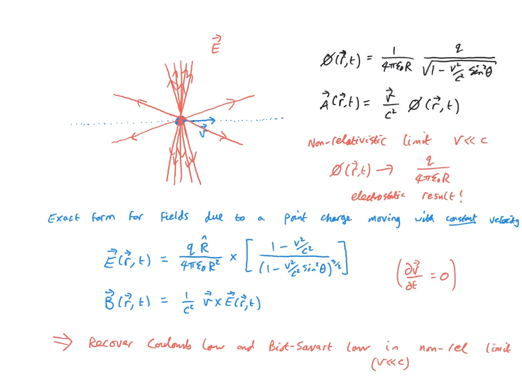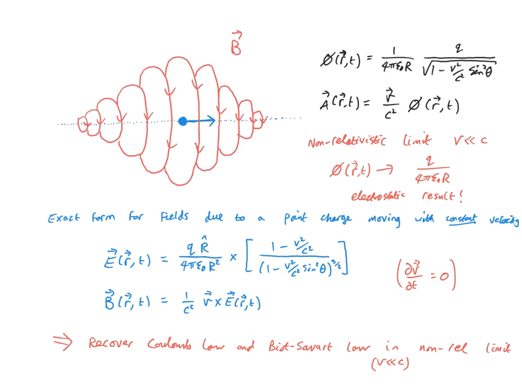So let's have a look now at the magnetic field. This is what we see for the magnetic field. It's something that is curling around the axis of travel of the particle. So it has some properties of the magnetic field that one would expect from a current moving down a one-dimensional wire.